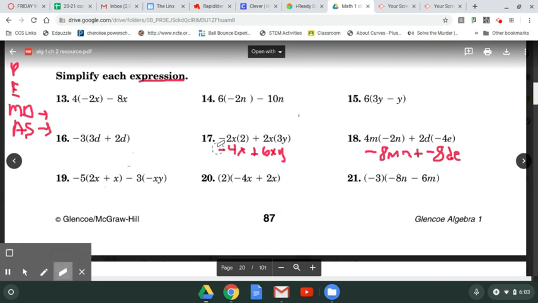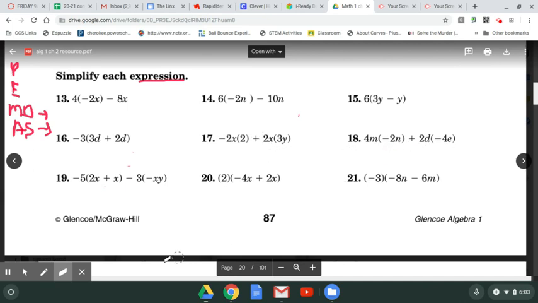Okay. Now we want to look at number 19. Negative 5 times 2x plus x, minus 3 times negative xy. So we want to use order of operations. It says to do parentheses first. Can we do the parentheses?